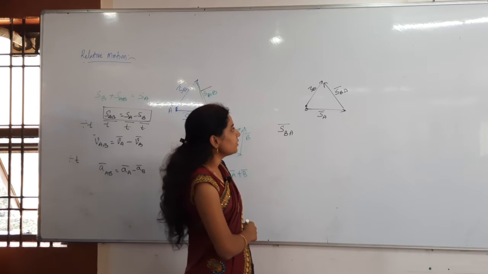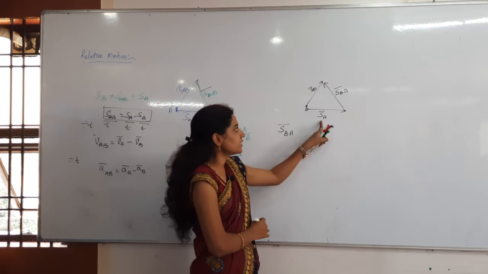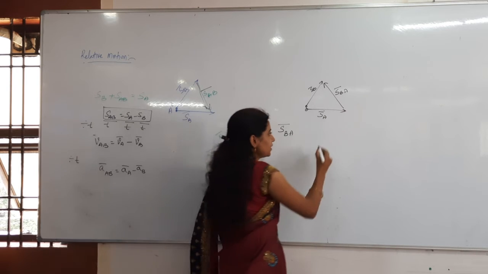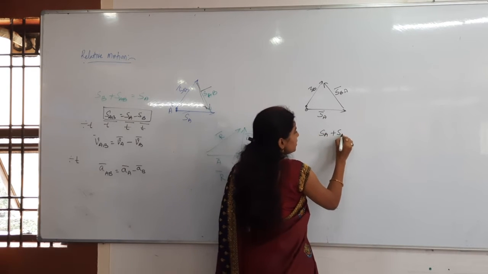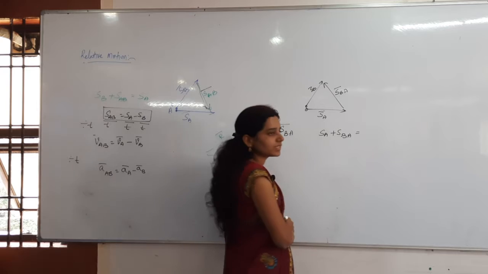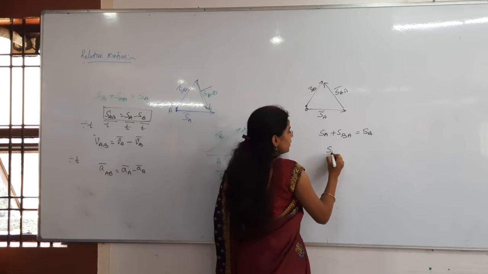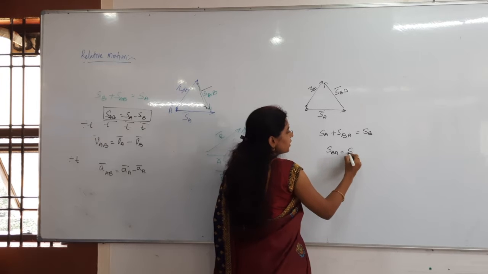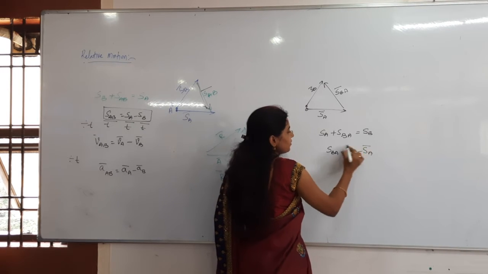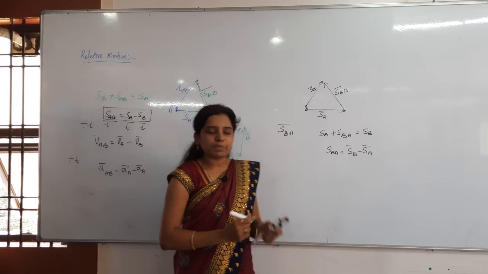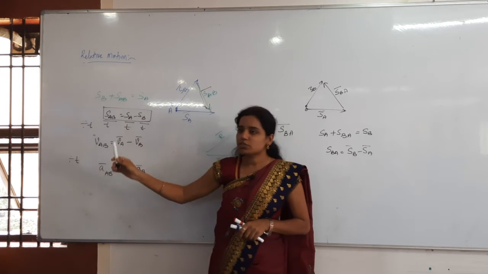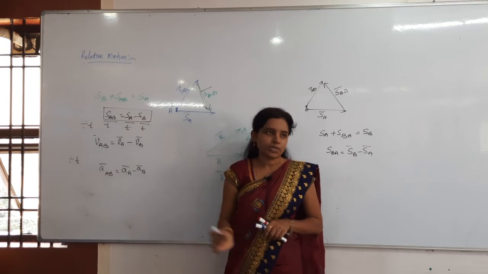Now tell me which are continuous vectors? SA and SBA are continuous vectors. So SA plus SBA is equal to the resultant, SB. Then SBA is equal to SB minus SA. The displacement of A with respect to B is SA minus SB.